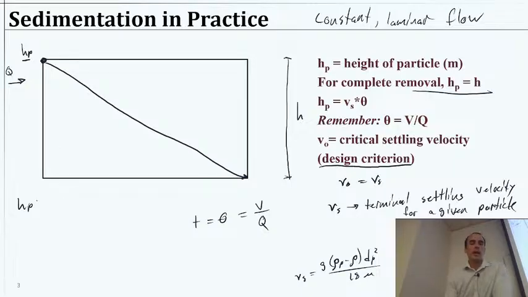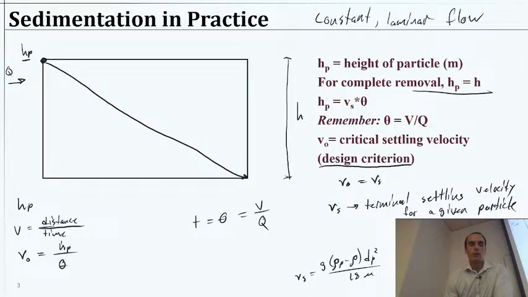And we're just going to go back to the very basics of physics, right? Velocity equals distance over time. And so that means that we could say that our V naught, our design, should be HP divided by our theta.